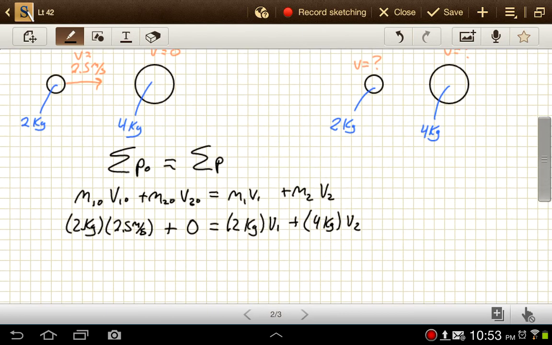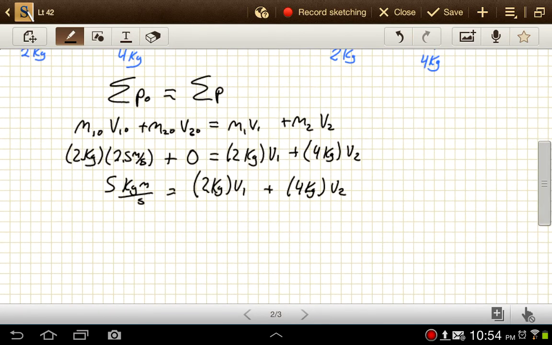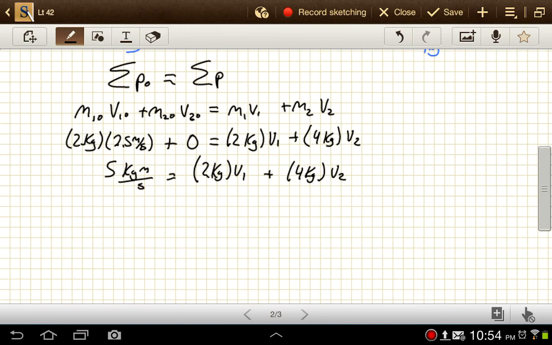So this one simplifies down to 5 kilogram meters per second is equal to 2 kilograms times V1 plus 4 kilograms times V2. So not enough information to solve just with conservation of momentum. So now we're going to go to conservation of kinetic energy, because this is an elastic collision. So we say the total kinetic energy initial is equal to the total kinetic energy final.